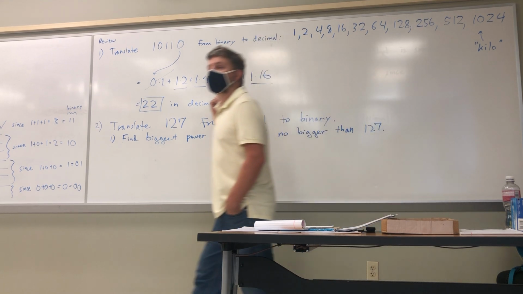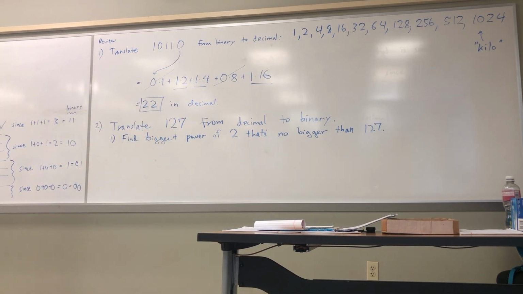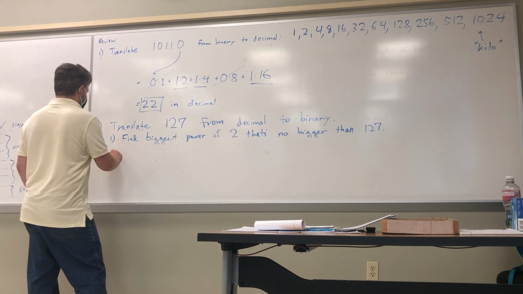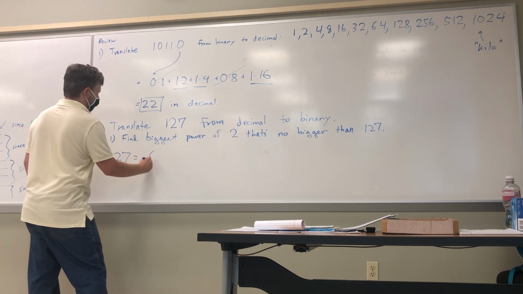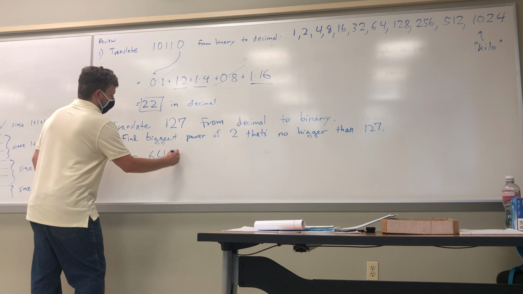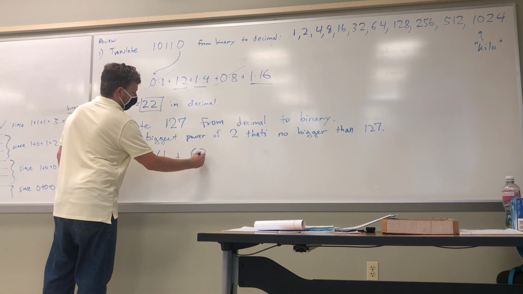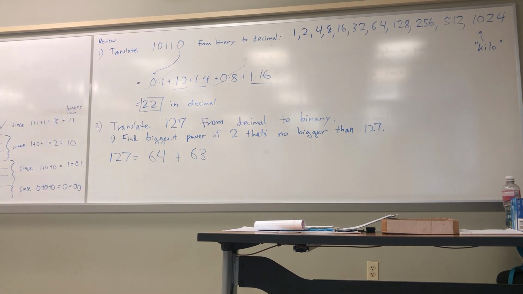So 128 would be great, but it's too big. So I do 127 is equal to 64. But what's left over is 63. So I write it as the biggest power of 2 that's no bigger than it, plus whatever's left. That's 64 plus 63, yeah.